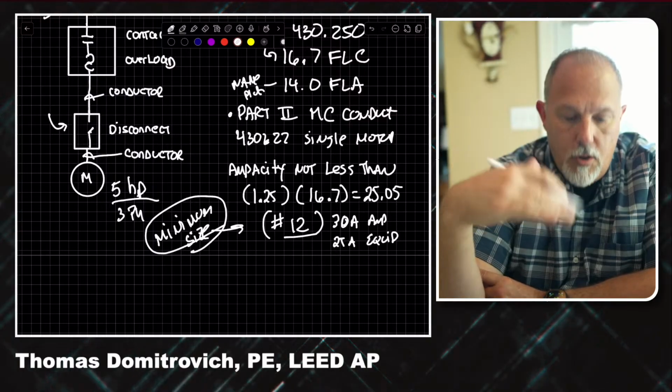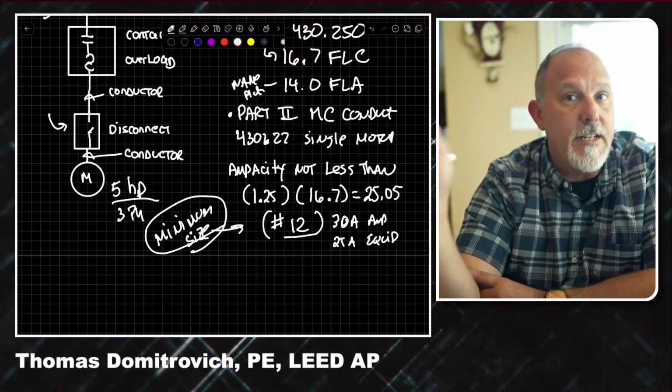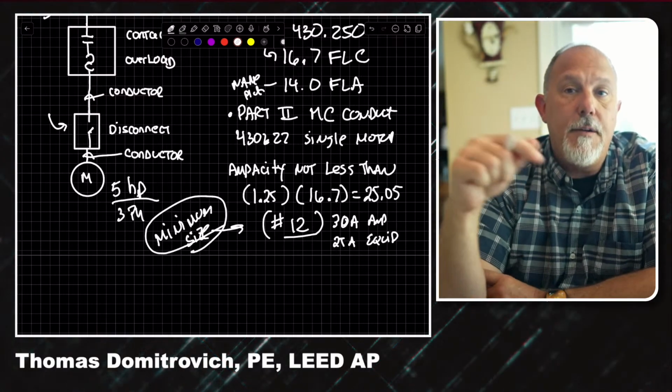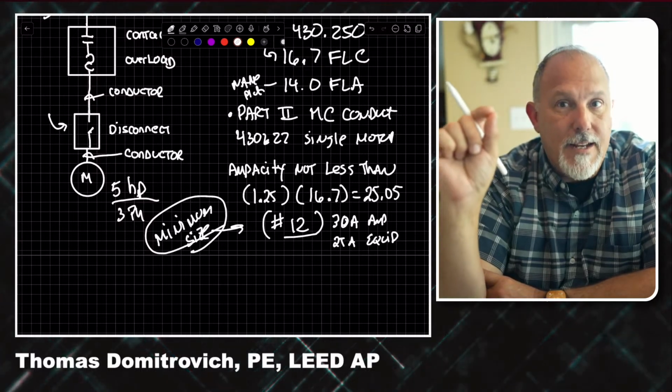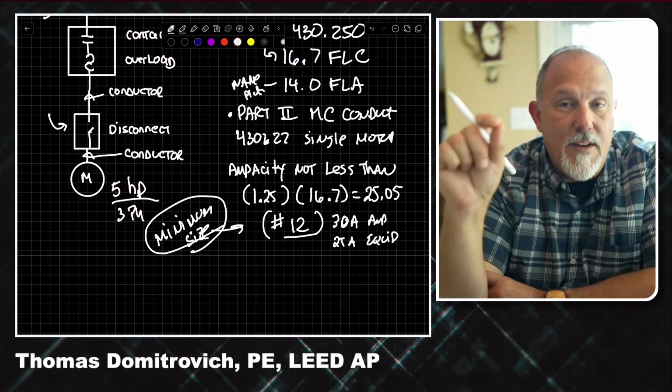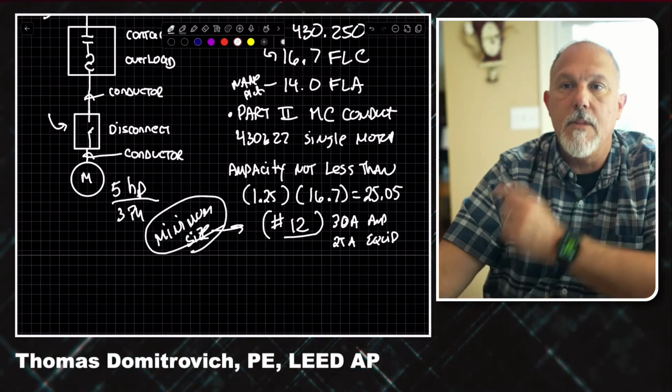We're going to go to the overload protection. That's going to give us the other part of our story to ensure our conductor is protected and the motor is protected, because we don't get forgiveness in the conductor protection. We still have to protect the conductor. It's just that 430 is going to get us there.